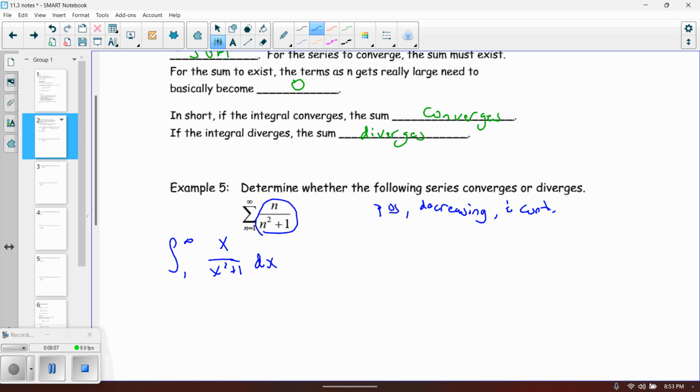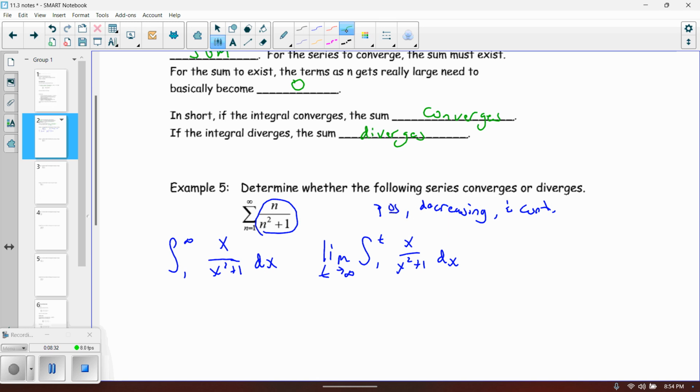But what we can do is take an integral from 1 to some finite value, t, and then take the limit as t goes to infinity. So that's what we're going to do. We're going to take the limit as t goes to infinity of the integral from 1 to t of x over x squared plus 1 dx.